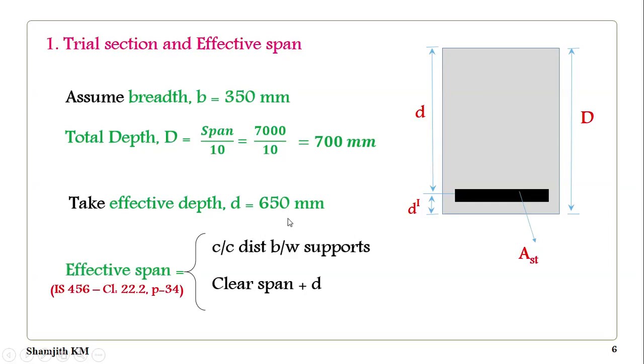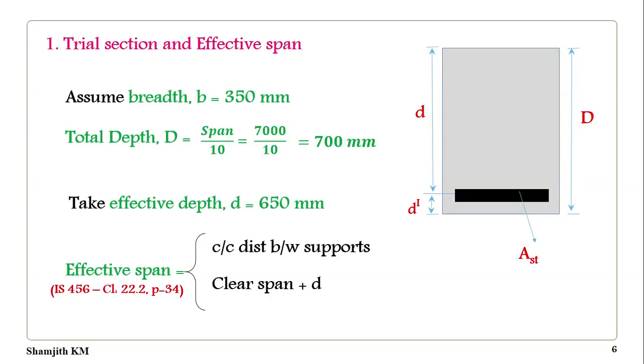Now, to calculate the effective span, it is the primary aim of this step, that is effective span equal to center to center distance between the supports, or clear span plus D, whichever is lesser. It is specified in the IS code clause 22.2 page 34.